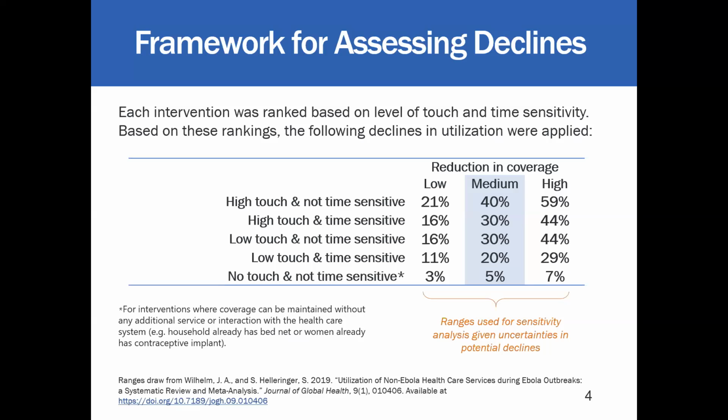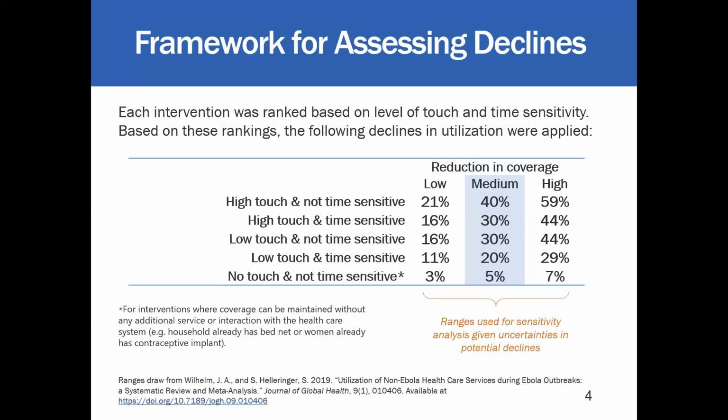What I will say is there are many uncertainties, right? We have uncertainties about how long COVID will be with us. We have uncertainties about how quickly things will change in countries, and every country is reacting differently, implementing different policies. So the reality is we have no way to know what the true disruptions are going to be.